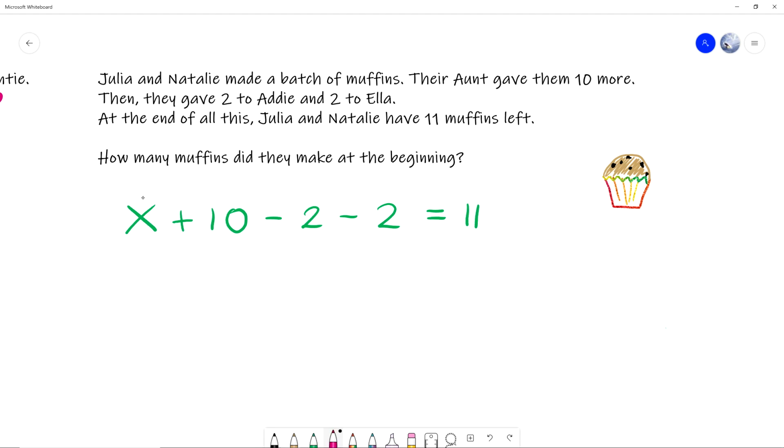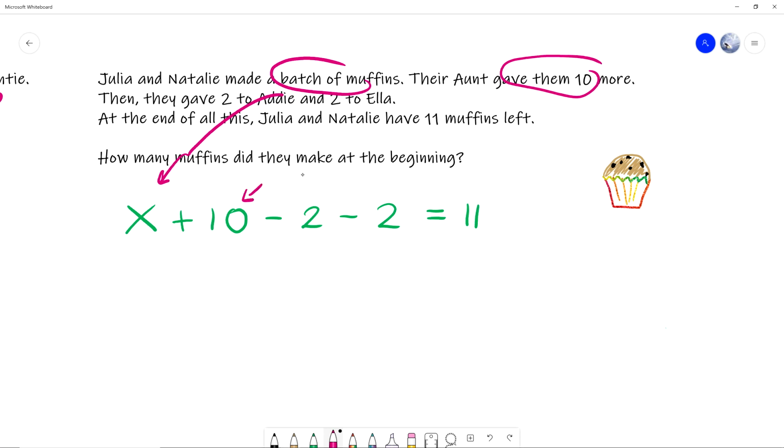It's how many they had at first. Yes, this batch of muffins, that's what they had at first, which is x. And what is plus 10? That's the muffins that their aunt gave them, so we get plus 10 right here.